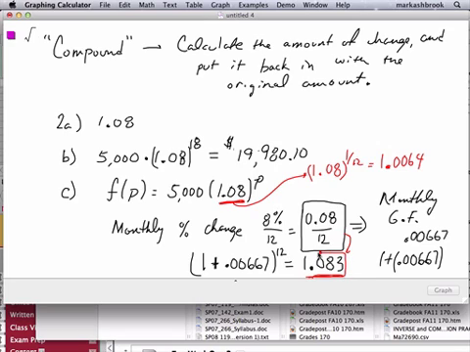Okay? So before, monthly was going up this much, but now monthly is going up this much. Before, annually it was going up this much. Now its factor is this.